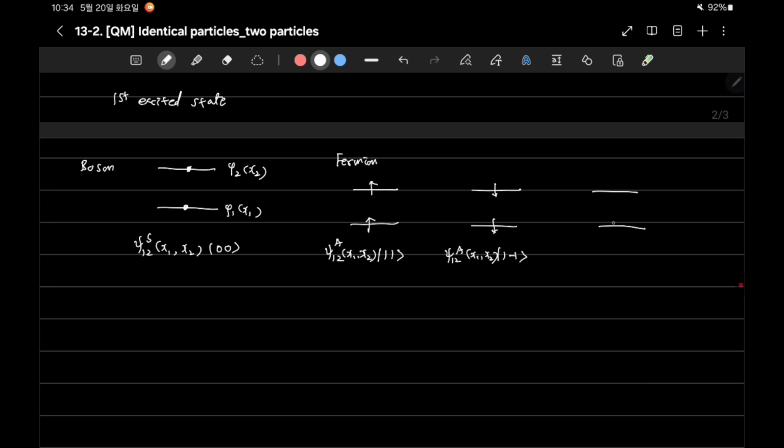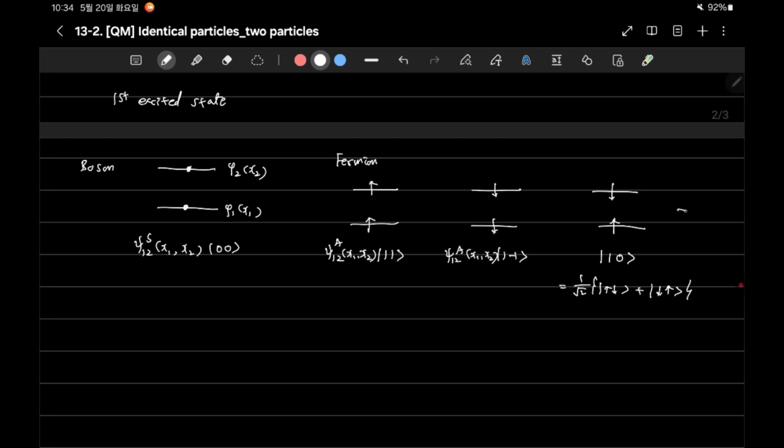But in the other case, the spin up and down state, the 1, 0 state, is a symmetric spin wave function. It is a superposition, 1 over square root 2 of up down plus down up spin configuration, because it is symmetric. It is a triplet state.